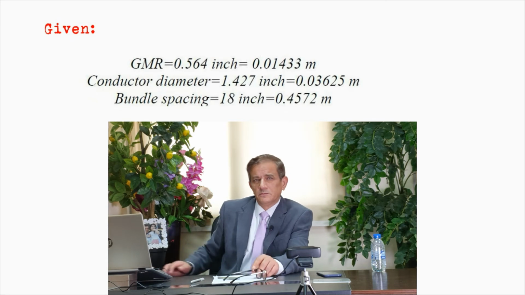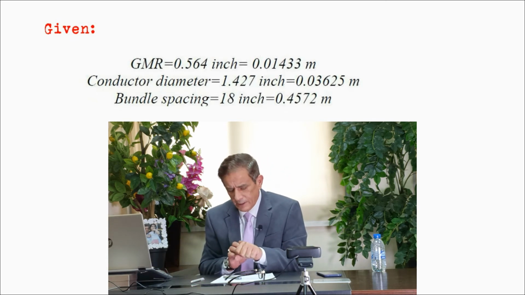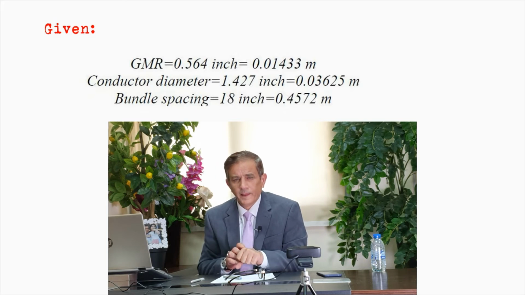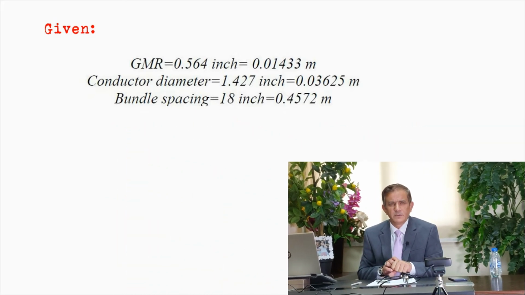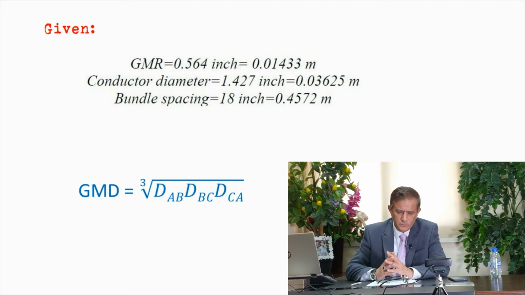Now, though the circuit is complex, different from the simple three-phase that we saw, it's the same basic principle. I will find the distance between AB, BC, CA, and raise the product to the power of 1/3, the third root of their multiplication.